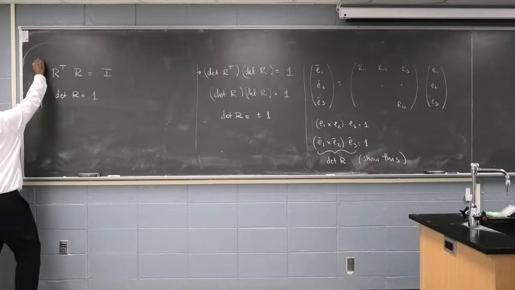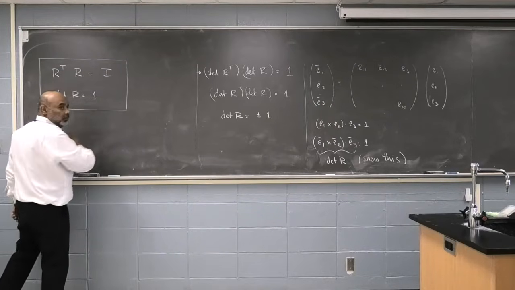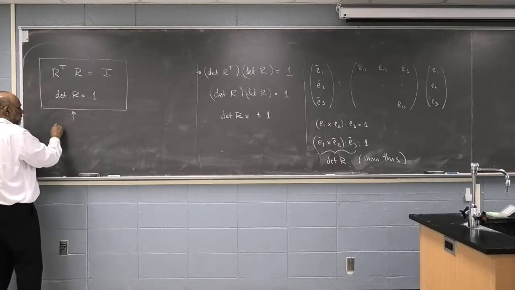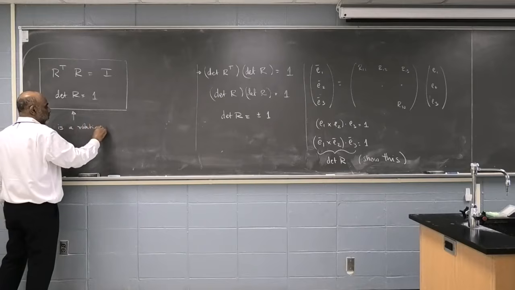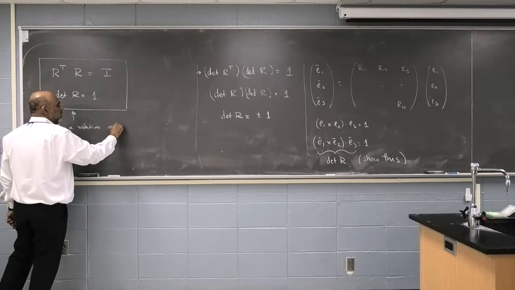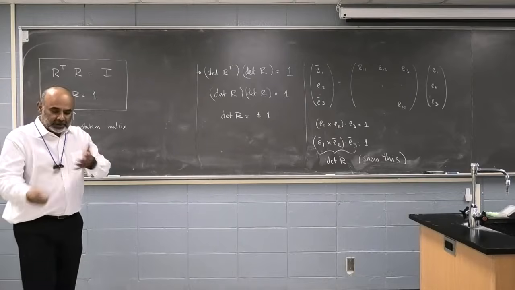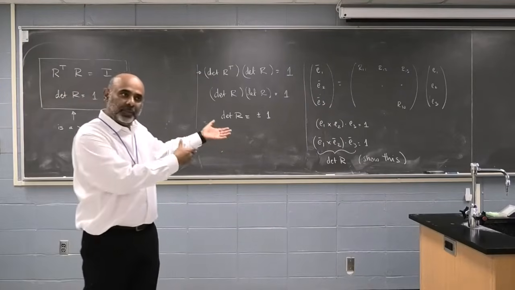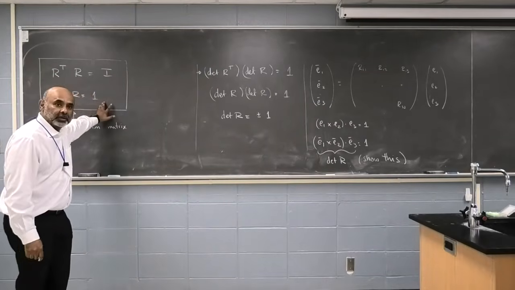Any object that transforms according to this rule is a rotation matrix. And clearly, our construction can be written the other way, just everything is equal to one thing, so you can write the proof backwards. If it is this, it is a rotation matrix.